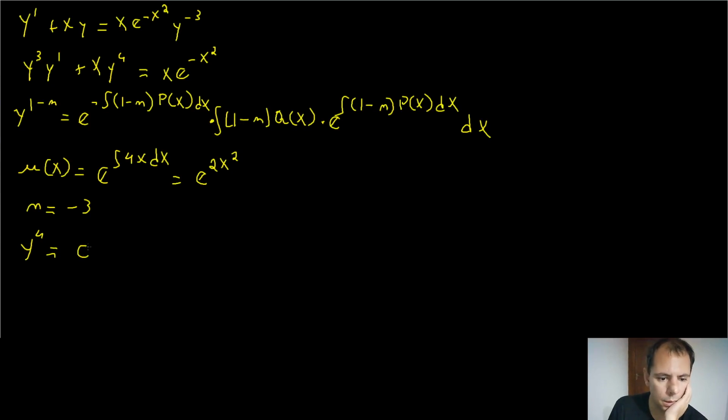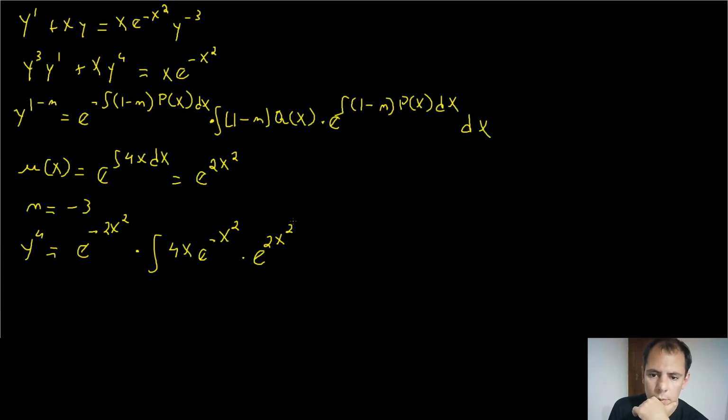So it's going to be e to the minus 2x squared times the integral of 4 q(x). So the 4 q(x) is just going to be 4x e to the minus x squared times the integrating factor, which is e to the 2x squared.